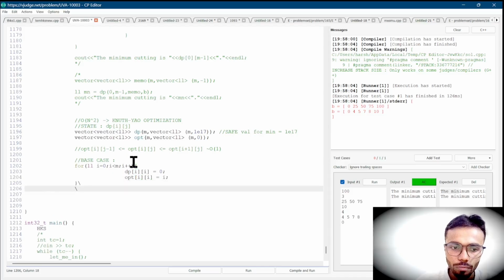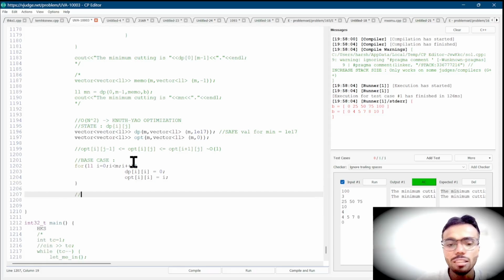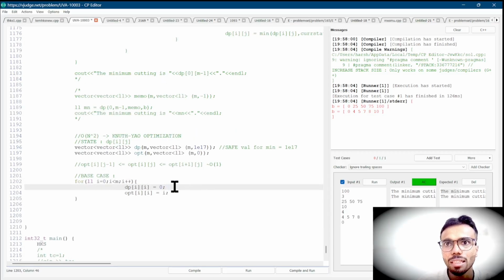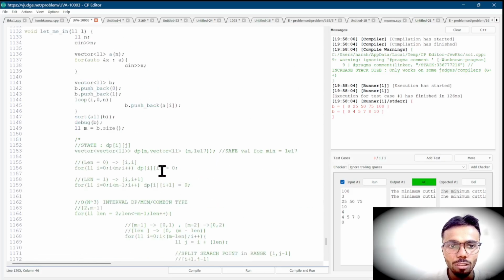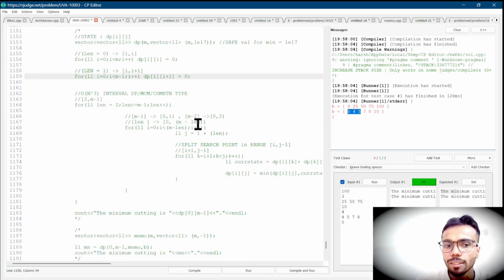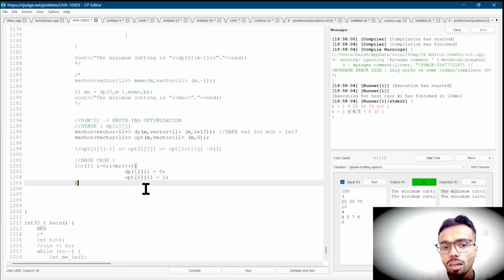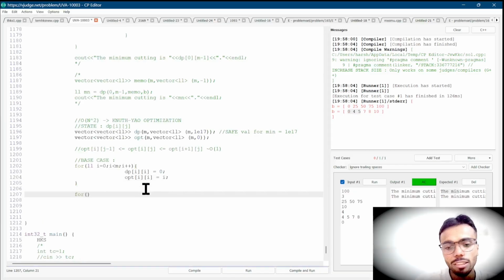Another thing: if I look at length 1, I already proved that at length 1 no cut can be made, because there cannot be a segment of length 0. You cannot cut values like 4 and 4 and a half; the cut must be an integer as per the coordinates here. So I already say the cost is 0.